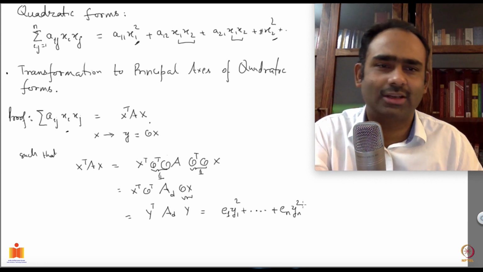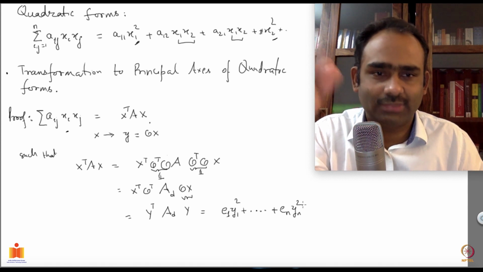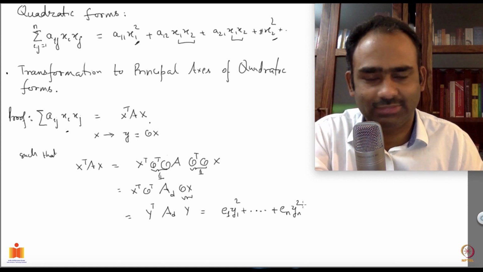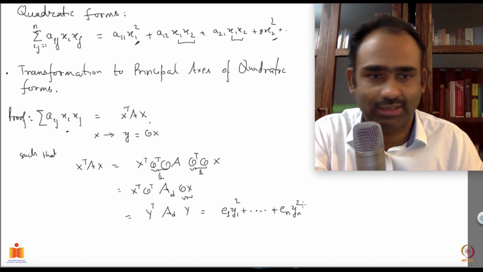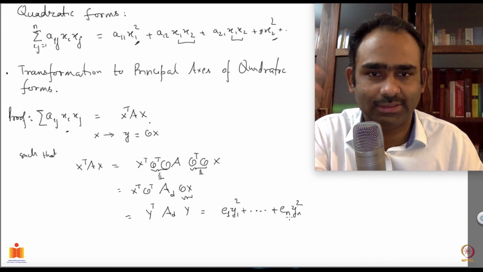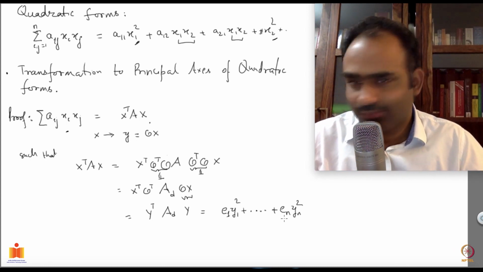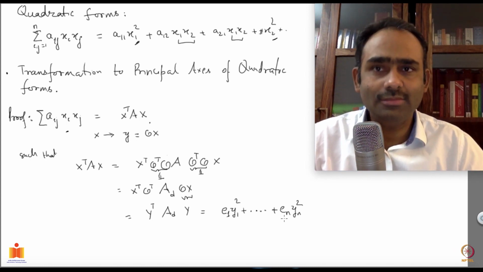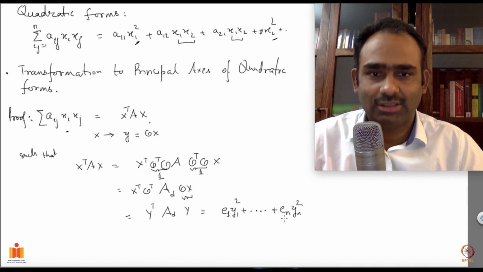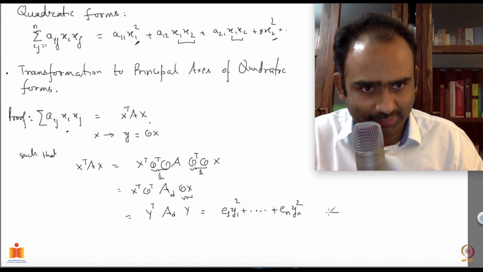I have assumed that none of the E's on the diagonal are 0, but it's not a problem if they are. It's not a problem if they are repeated. So I can put any quadratic form into a sum of squares. That's what I have done, which will be very useful.